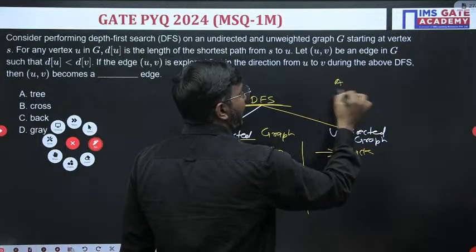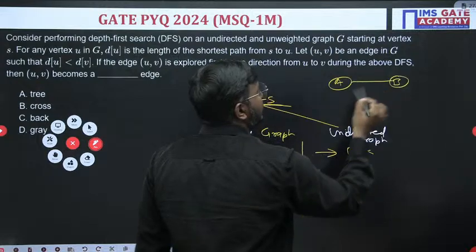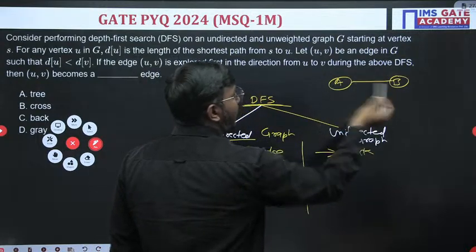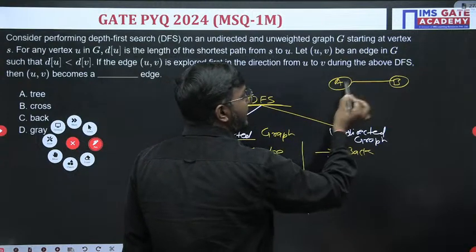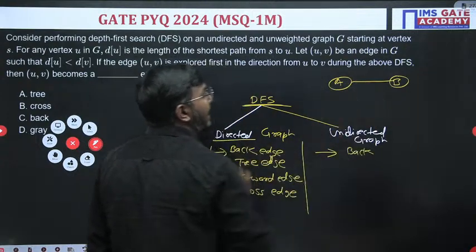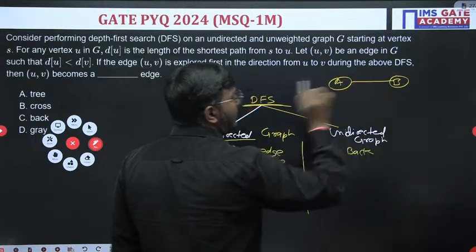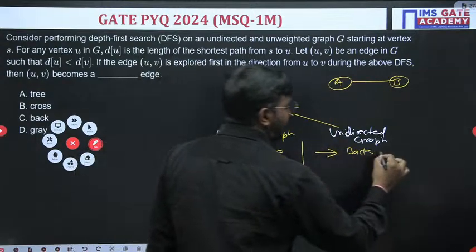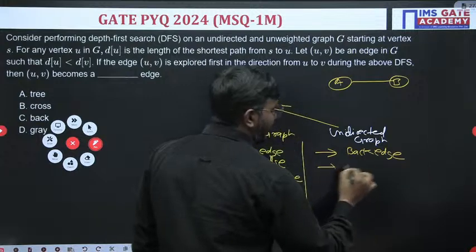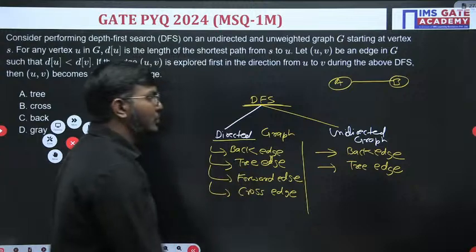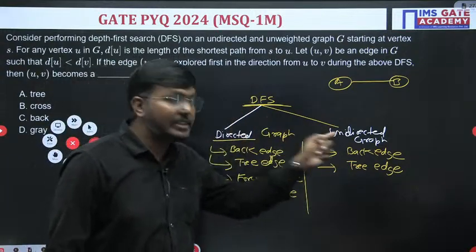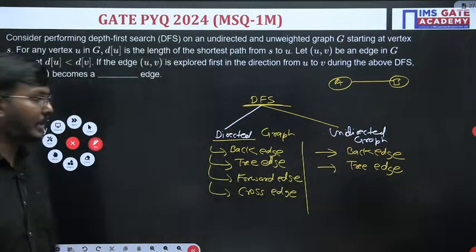If you have these 2 vertices, there is no direction between A to B or B to A. Both are bidirectional. So we have a backward direction if any vertex is connected to its ancestors. So we have this back edge, and the other is the tree edge. Tree edge and back edge are the 2 types of edges if you are performing the DFS on an undirected graph. Done?